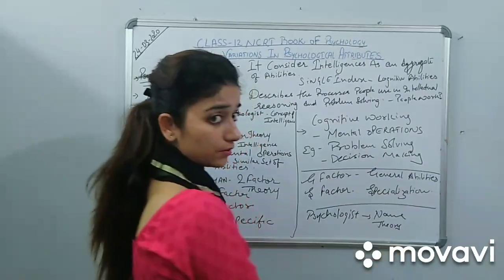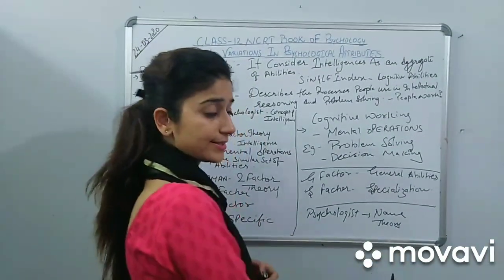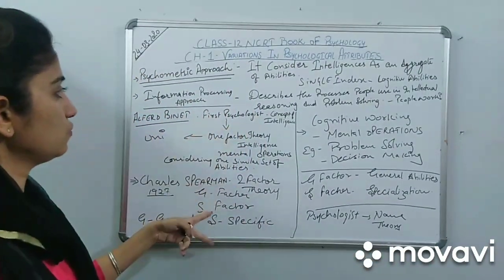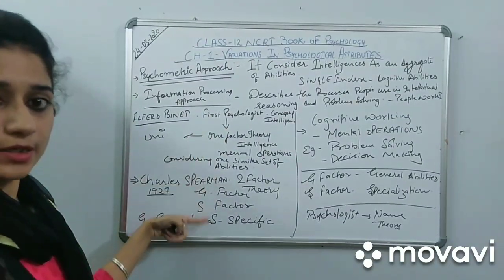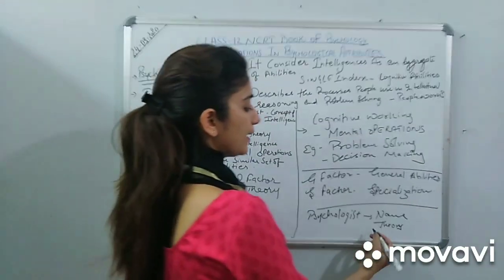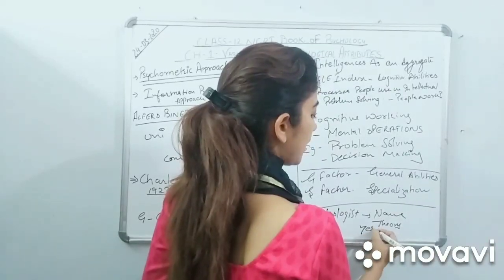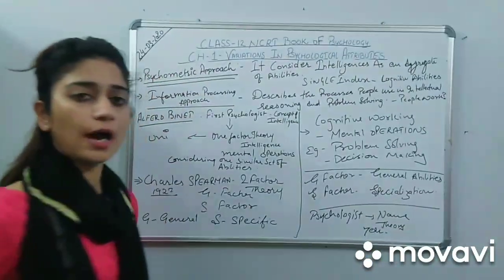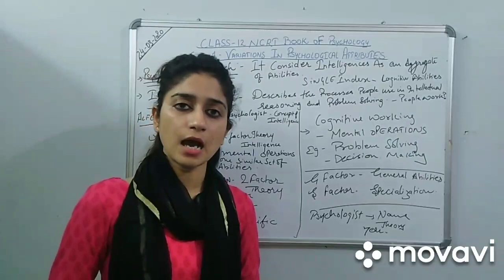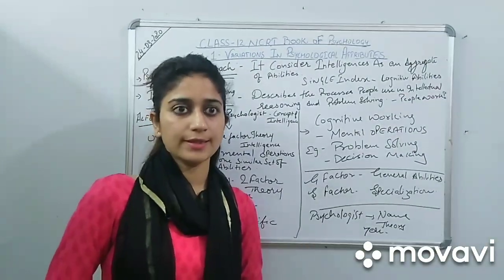Like for intelligence, they may have given us the one factor and two factor theories. You have to explain that, and in which year the theory arose. You have to do that from your NCERT book of class 12. Thank you, students.